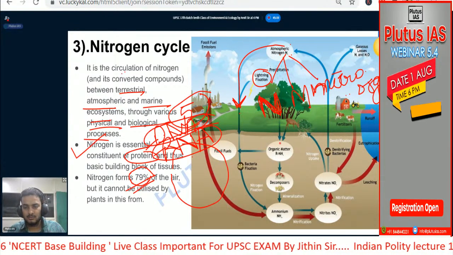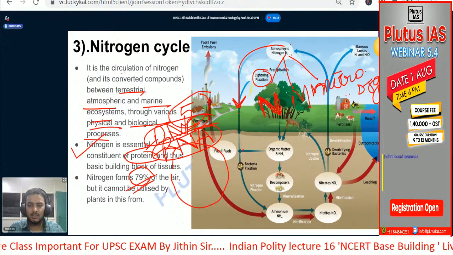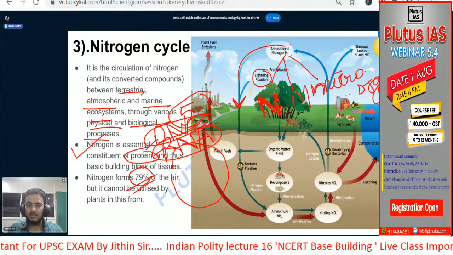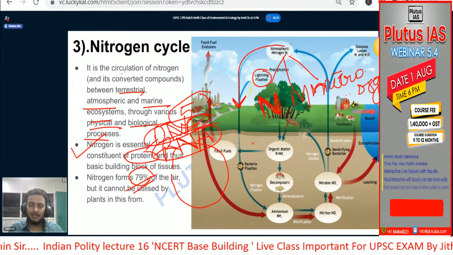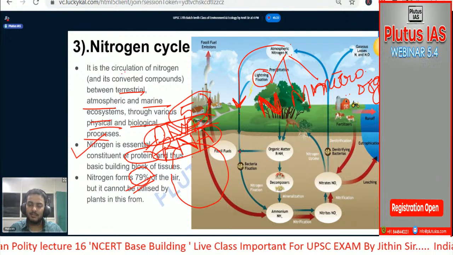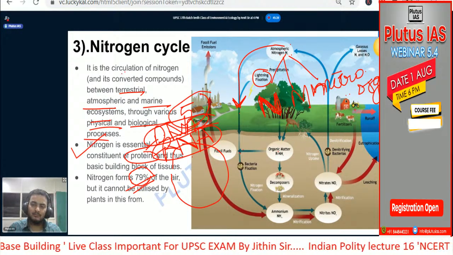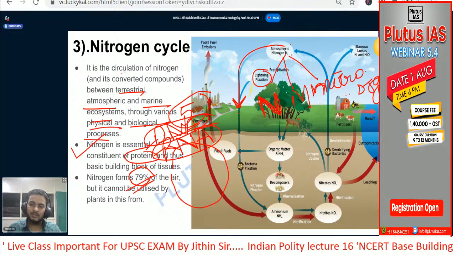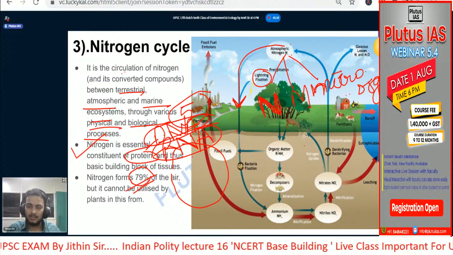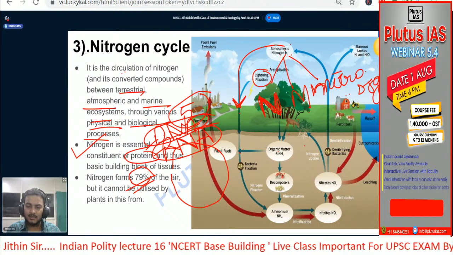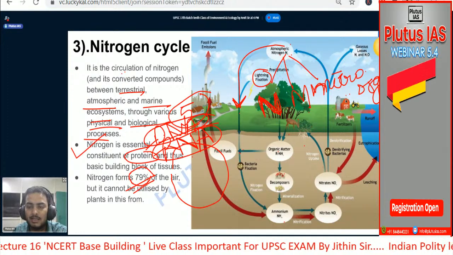Then this ammonia enters from the soil after it is converted into ammonia. Then nitrification occurs, where it is converted into nitrites or nitrates, which are absorbed by plants, then go to the food chain, then decomposition leads to further addition to soil and back to the environment. Decomposers release it again as ammonium ions, and there are denitrifying bacteria.